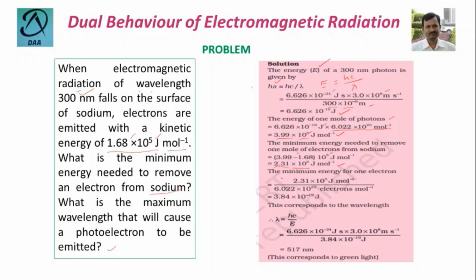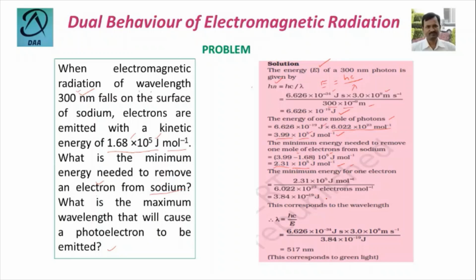So now again, what is the minimum energy for 1 electron? This value is the minimum energy for 1 mole. So if we calculate the minimum energy for 1 electron, then this value will be divided again by the Avogadro's number, 6.022 multiplied by 10 to the 23.